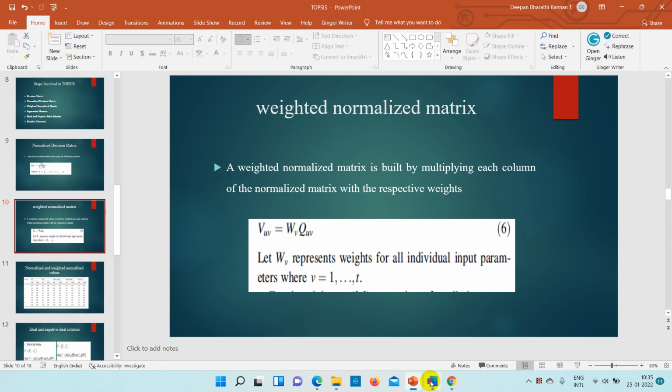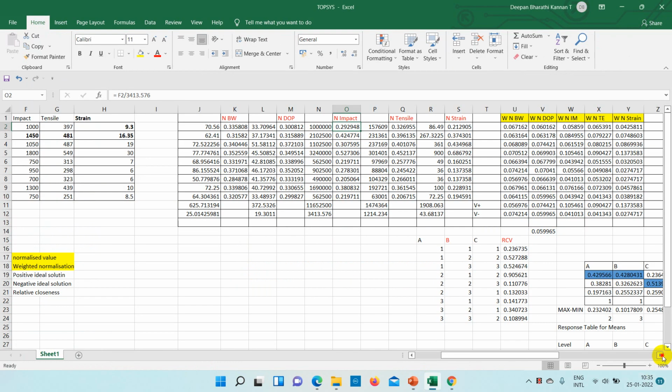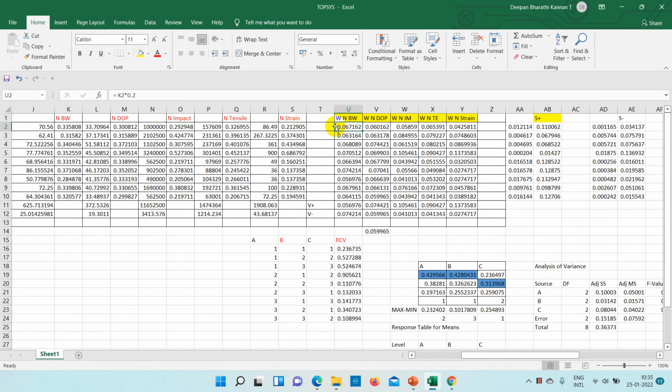You can see here, the weighted normalized matrix is nothing but 0.2 into K2. K2 is nothing but this value. Likewise K3 into 0.2. So just multiply all the values by 0.2 as we are giving equal weightage for all the output parameters. Similarly, you can calculate for the depth of penetration.